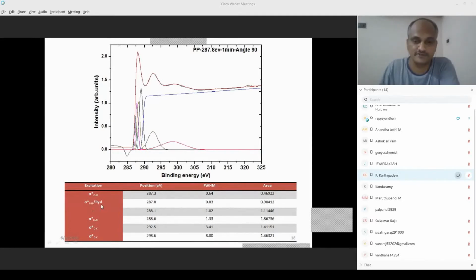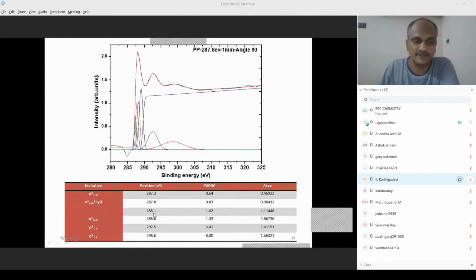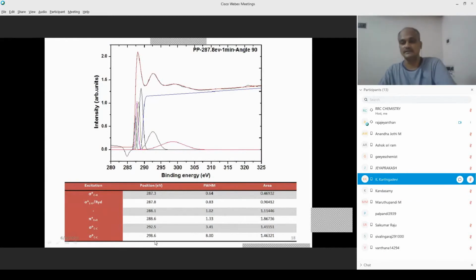We cannot distinguish which is sigma star CH or Rydberg state, because I already told you they are very close, around 287.8 eV, and we have an excitation unable to detect, at 288.1 eV, and we have pi star carbonyl excitation at 288.6, and we have sigma star carbon-carbon excitation at 292.5, and another sigma star carbon-carbon excitation at 298.6.